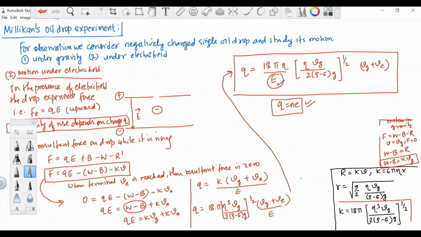So we can conclude that charge is a multiple of the basic or fundamental charge.